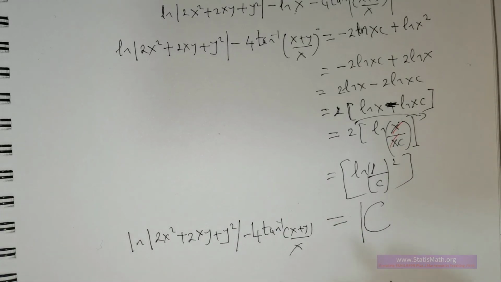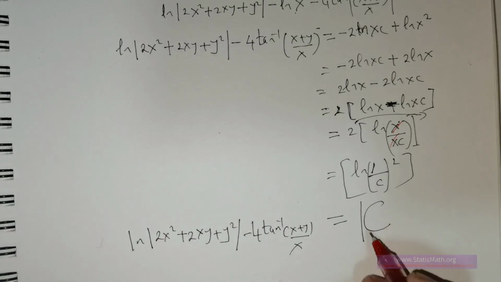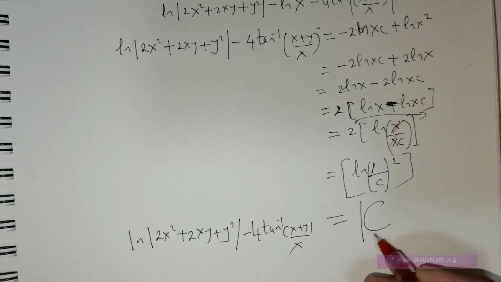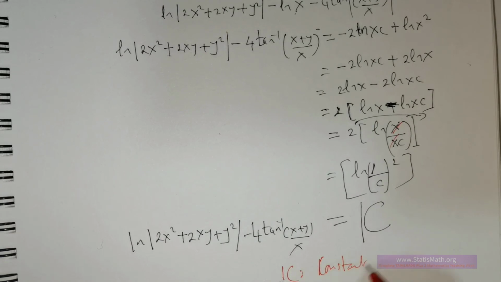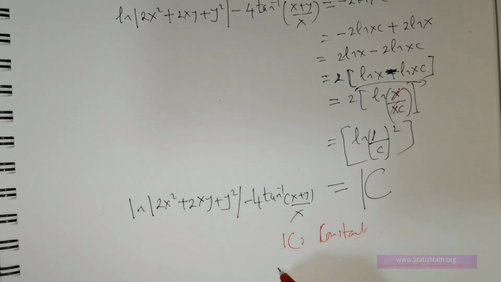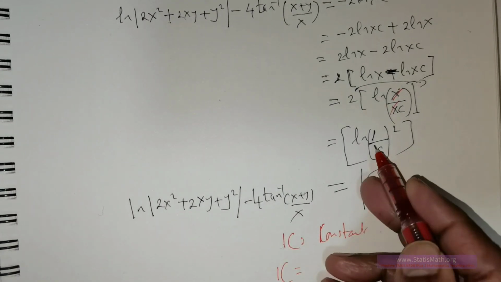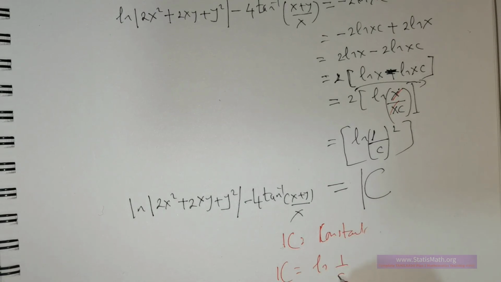So this is what you have achieved. In fact, you can simply state kappa is a constant, and the value of kappa is equal to ln of 1 over c raised to the power 2.